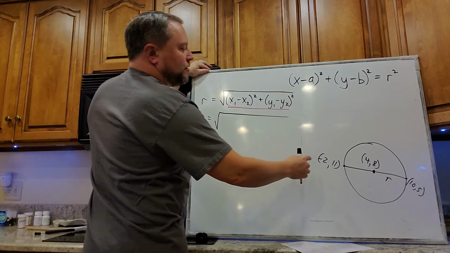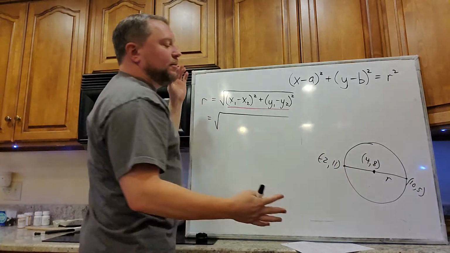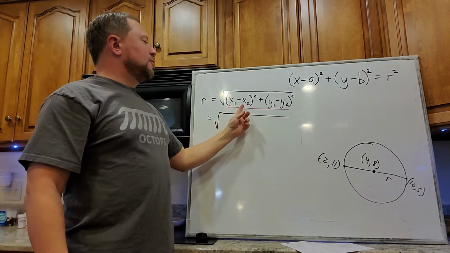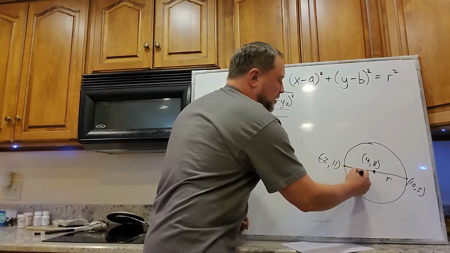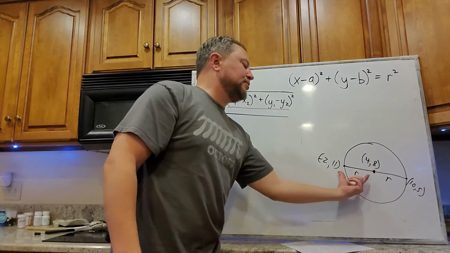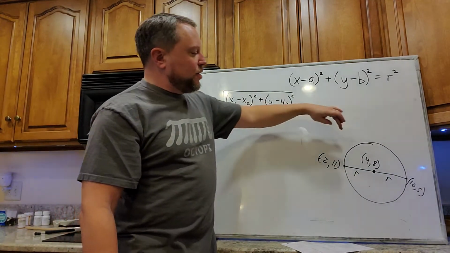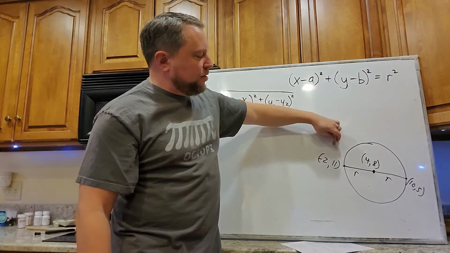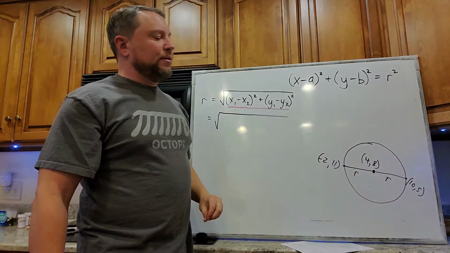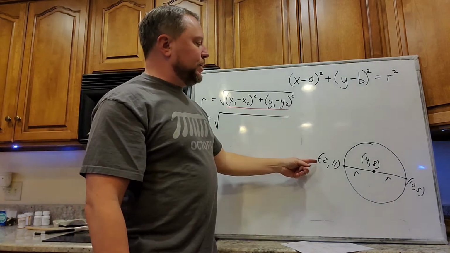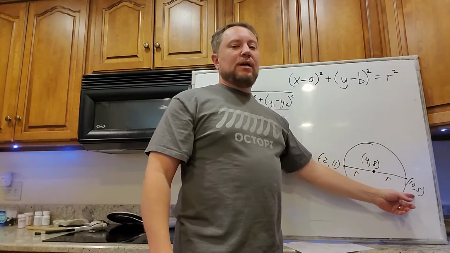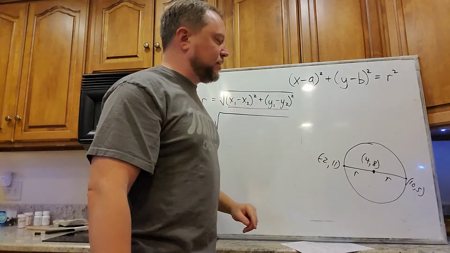Now you get to pick the second point, because if I go this way, that's a radius as well. So either use the center and this point or the center and that point. If you're wondering which I'd choose, I like to avoid negatives and choose as many positive values as possible.